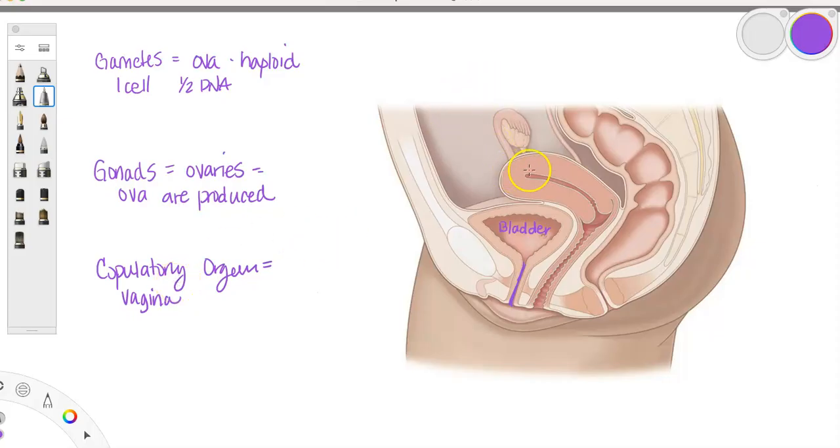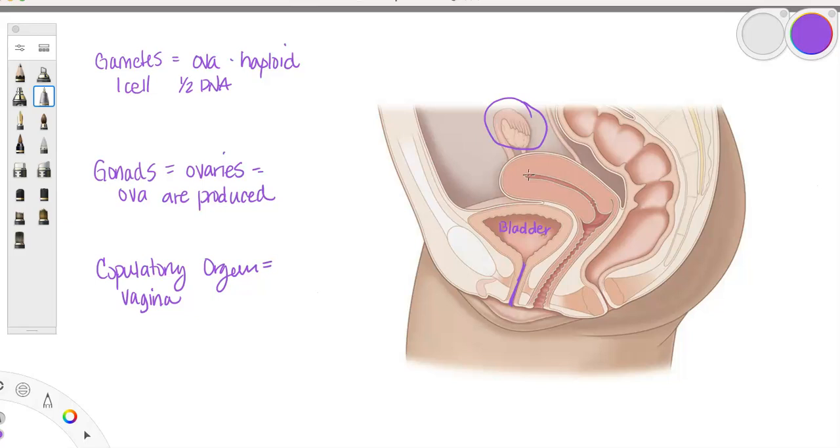Okay. So looking here at the anatomy, obviously you don't see gametes, but you do see gonads. The gonad is the ovary, and the ovary is a little ball-like organ that hangs off the uterus, or excuse me, the uterus area.